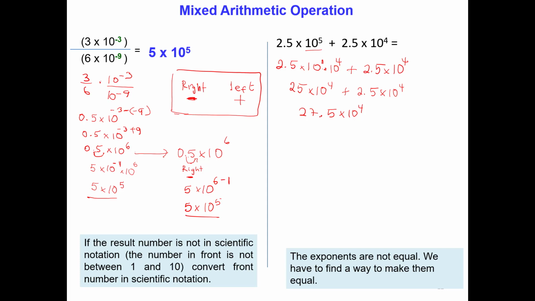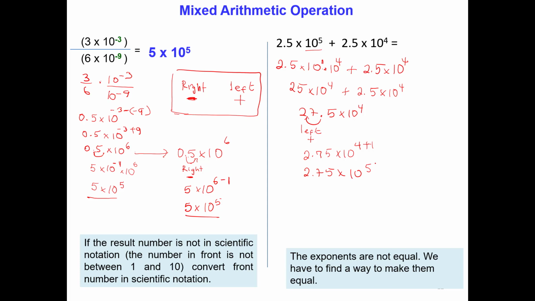Then we need to move the decimal point to the left. Then we need to add 1 because we move 1 decimal place. And I will write here, left, need to add. And we had 2.75 times 10 to the power 4 plus 1. Then here we had 2.75 times 10 to the power 5.